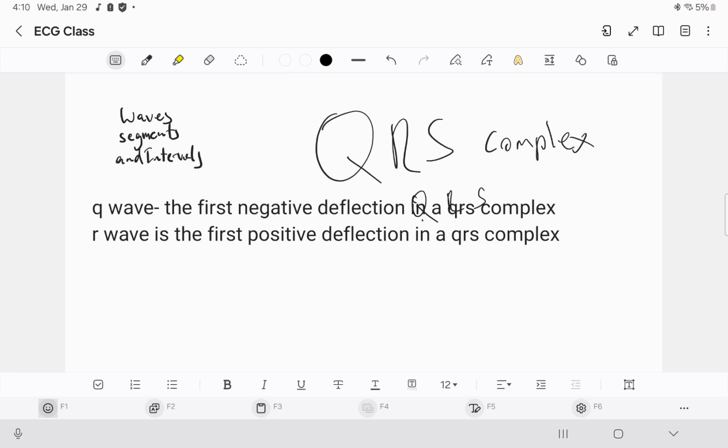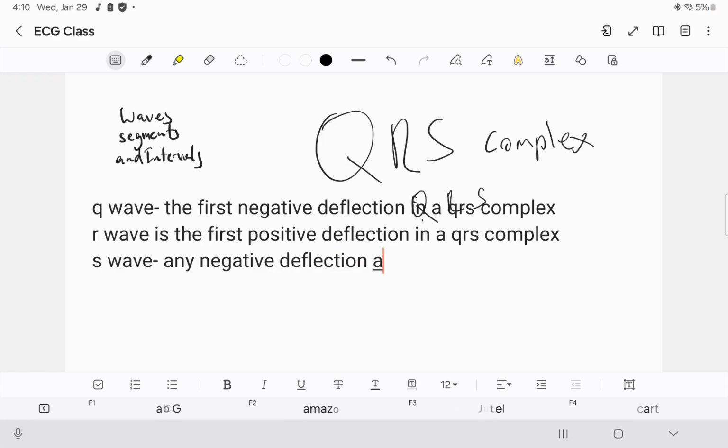And an S wave is any negative deflection after an R wave.